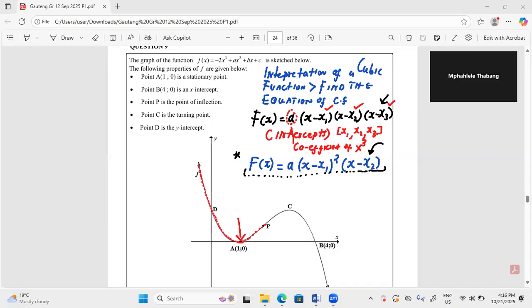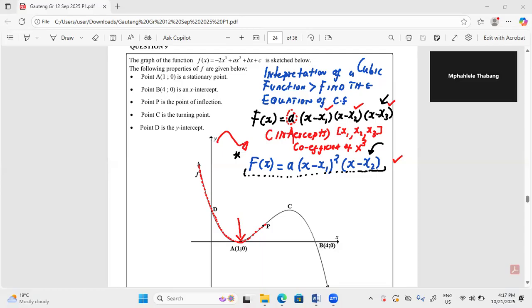That is why we are going to use this formula. When you see the x-intercept, which is also the turning point, instead of saying x minus x1, x minus x2, x minus x3, you just say x minus x1 squared, x minus x2. We're going to use this formula to interpret our cubic function so that we find the equation of f.